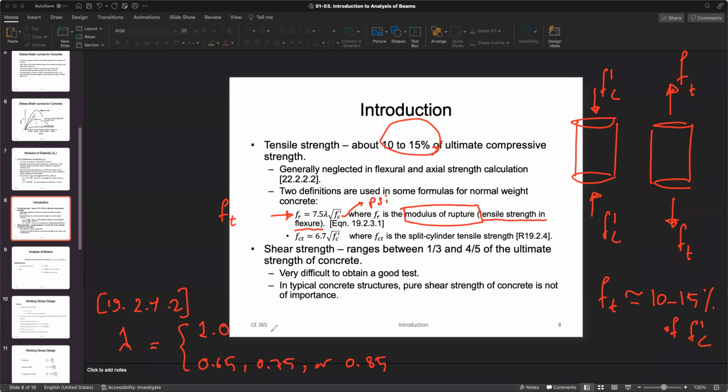All right. So it is 1 for normal weight concrete. Let's just write it one more time: normal weight concrete. These three are for lightweight concrete.